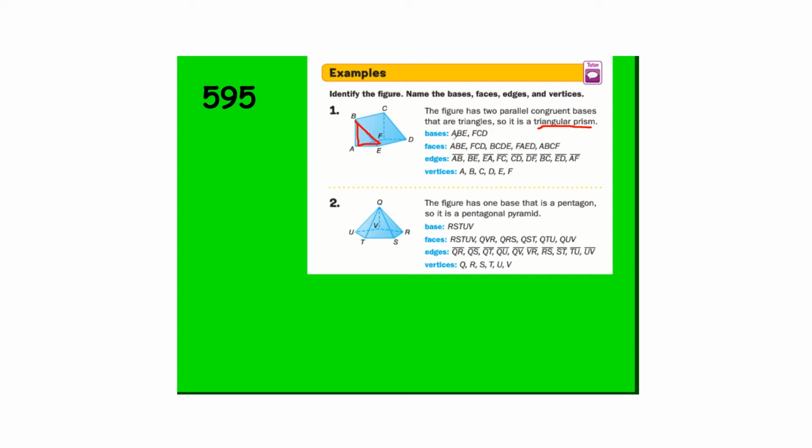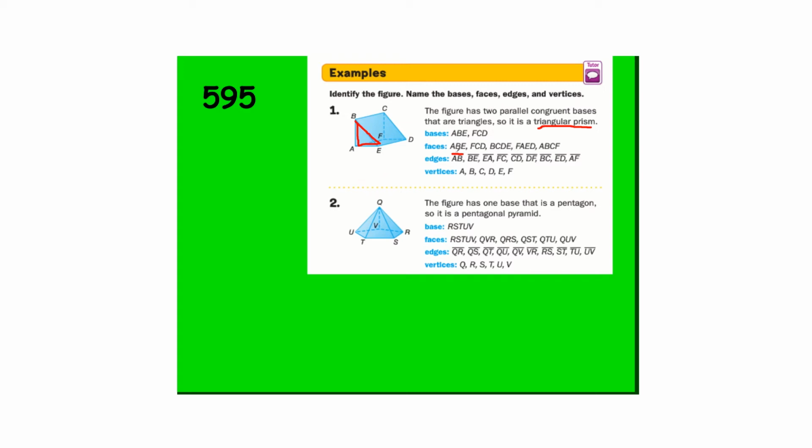So there's two bases. It has how many faces? It has the two bases plus the three sides. So you have to name them, ABE, FCD, and then the three sides: BCDE, FAED, ABCF. The edges, they're line segments. Therefore, they have the line segment over top.